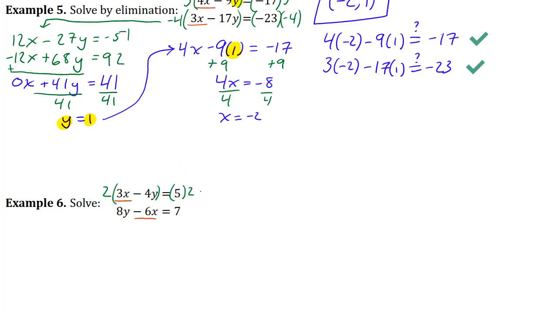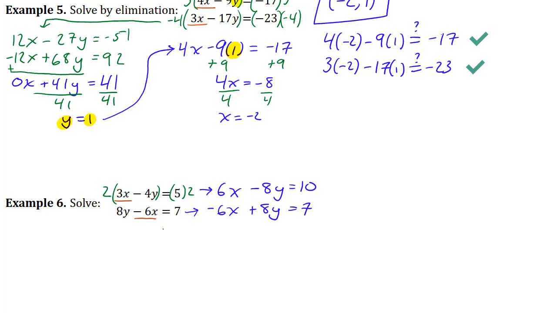That's going to turn this into 6x, positive 6x, minus 8y equals 10. I'm writing it with the x first. And then over here, I'm just going to write this one again, negative 6x plus 8y equals 7. So getting just the same equation that we had here, just written in a different order.